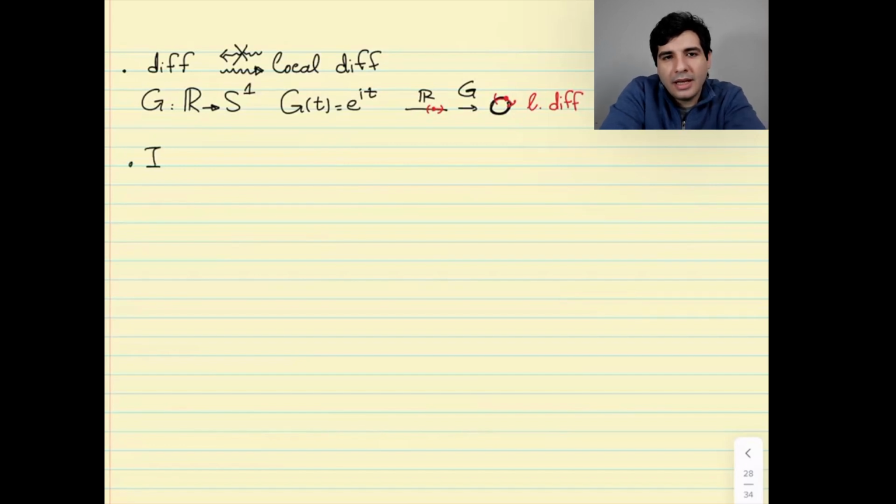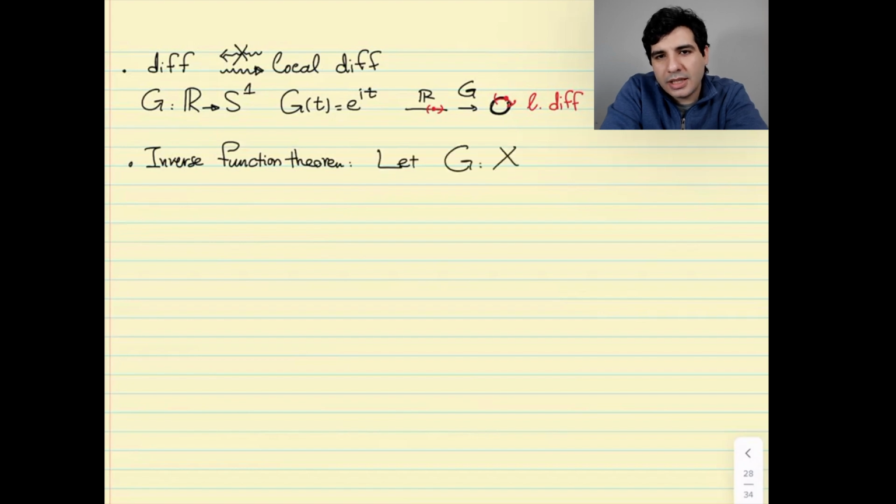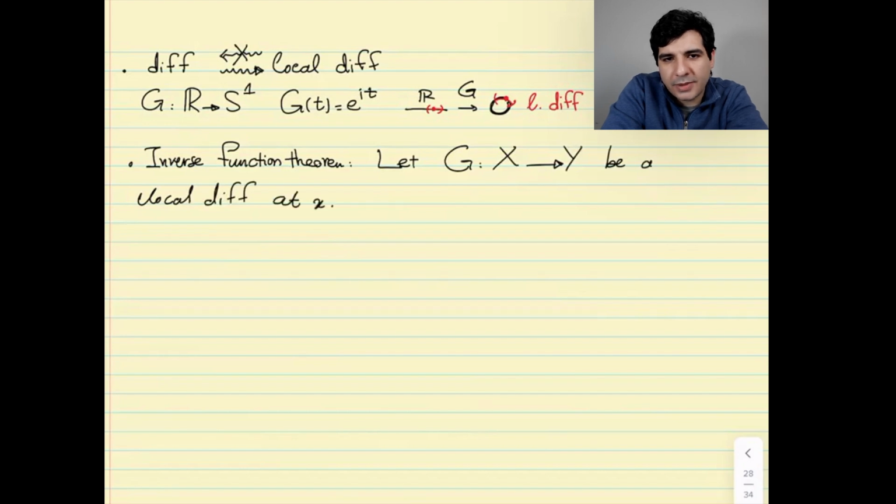Okay, great. Having this definition at hand, we can state the inverse function theorem. Let me first write something which is not the inverse function theorem, but is easier and more straightforward to understand. Suppose G is a smooth map between two smooth manifolds, and suppose it's a local diffeomorphism at a point X in the domain, with Y being the image of X in the target.